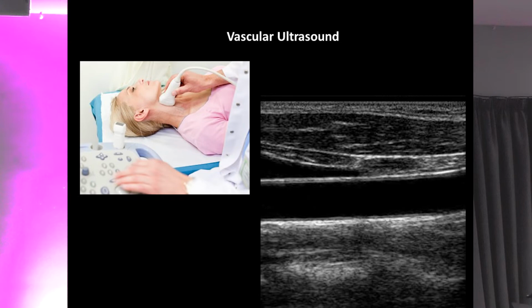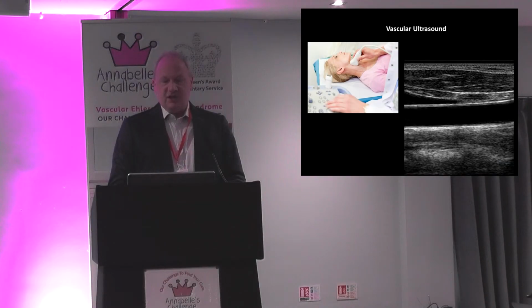I just want to make it clear to you the investigations that we use, and many of you will have been through one or more of these. Perhaps the simplest is vascular ultrasound. So baby scans, kind of thing. And here, for example, is someone having a carotid ultrasound scan performed. We can get some very, very nice pictures. This here is the artery, and the black area is the blood.